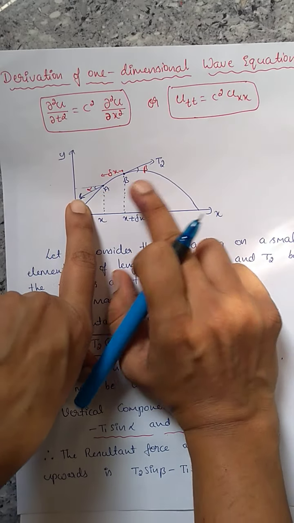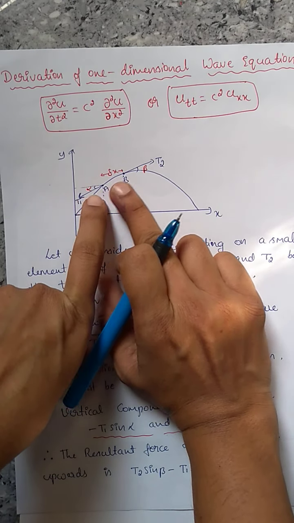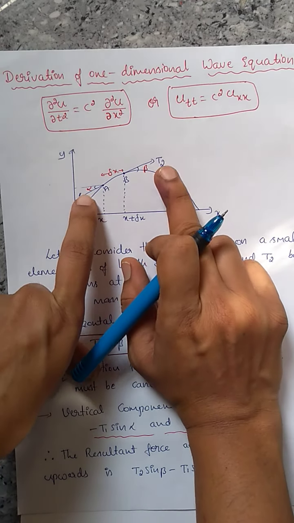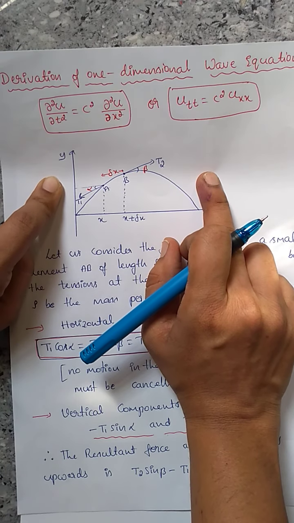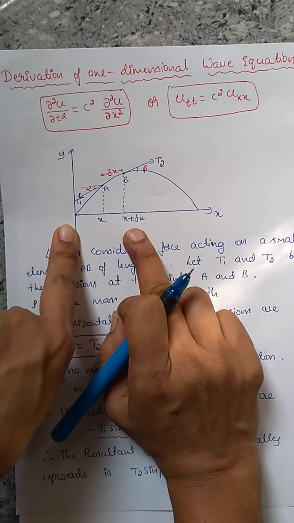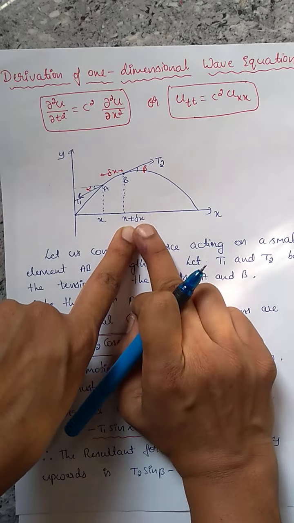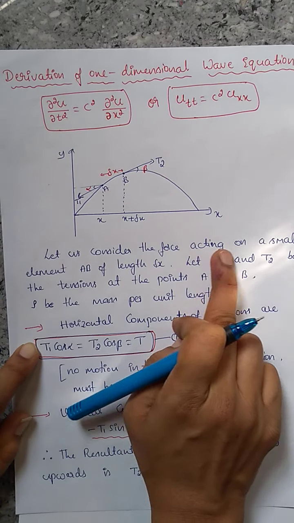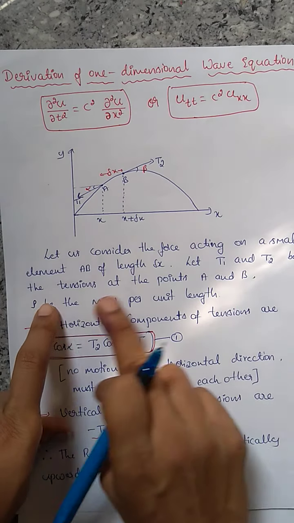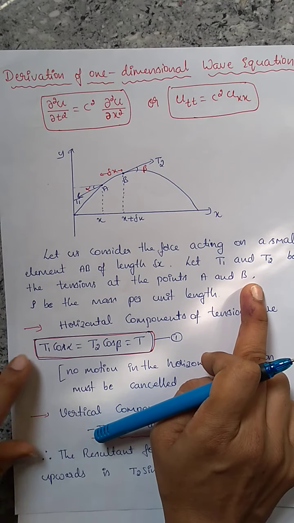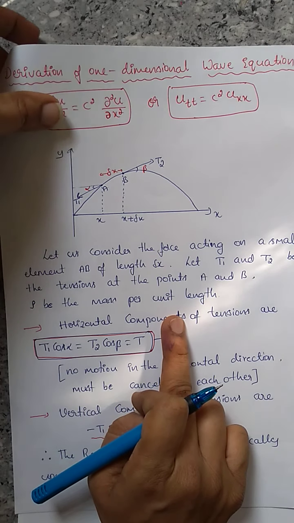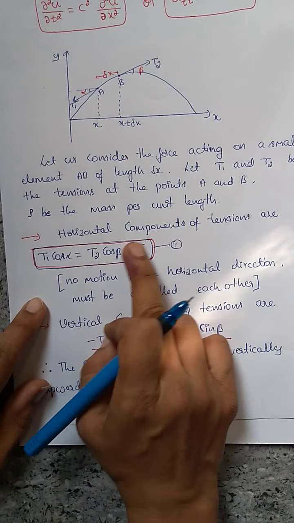T1 and T2 are the tensions at points A and B. Alpha and beta are the respective angles made by the tensions with the horizontal coordinate axis. x is the distance of point A and x plus delta x is the distance of point B. Let us consider the forces acting on a small element AB of length delta x. T1 and T2 are the tensions at points A and B. Rho is the mass per unit length. I already explained these two concepts.